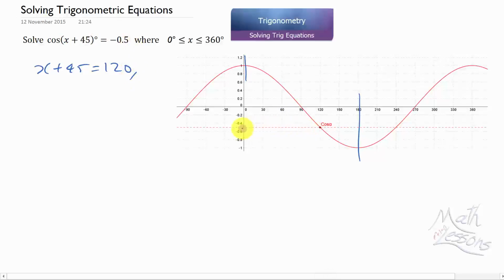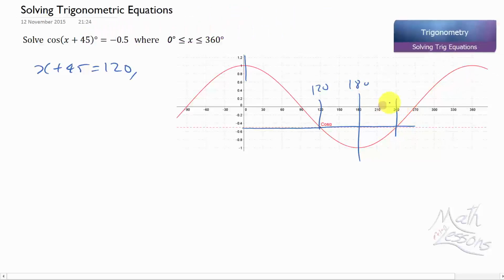So again, you draw the line across at minus 0.5. You realize this is 120, this is 180, and that this is 60 there, this will be 60, because you have symmetry here and here. These are exactly the same shape of the curve. So the next value you're going to get is 60 plus 180, which is 240.